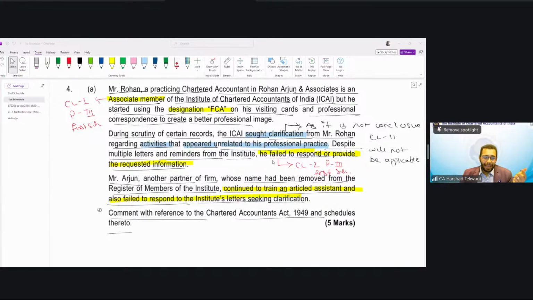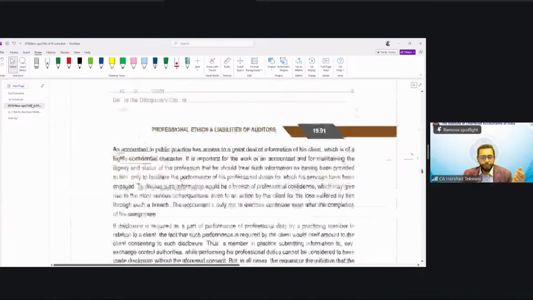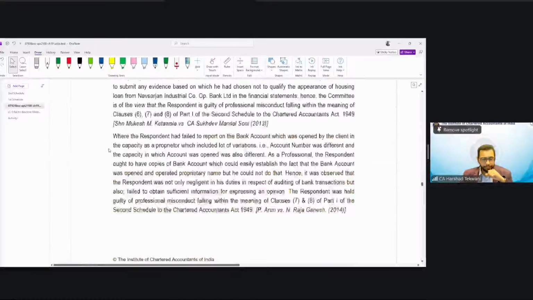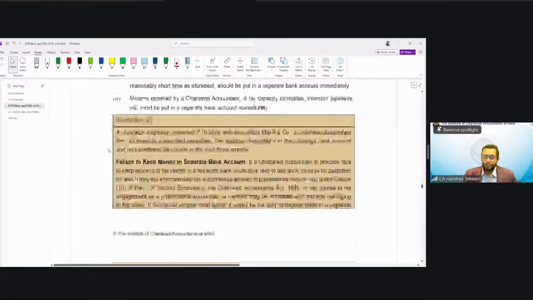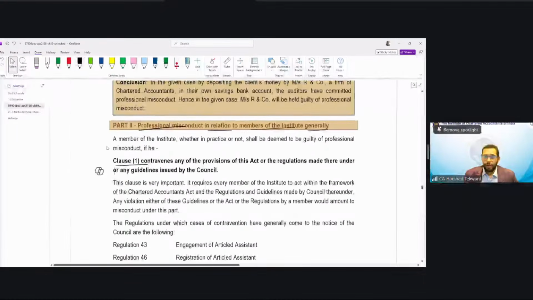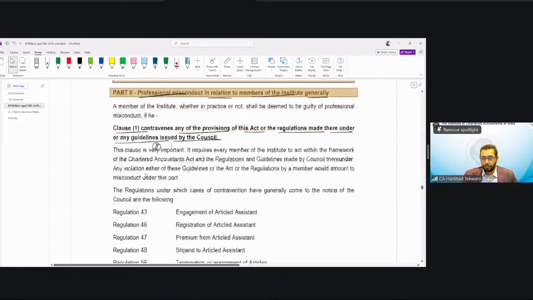So some might write, I'll show you one particular clause that I'm talking about. See this one. Clause 1 of part 2 of the second schedule, which is applicable to members in general. So if he contravenes any of the provisions of the act, regulations made thereunder, or any guidelines issued by the council.